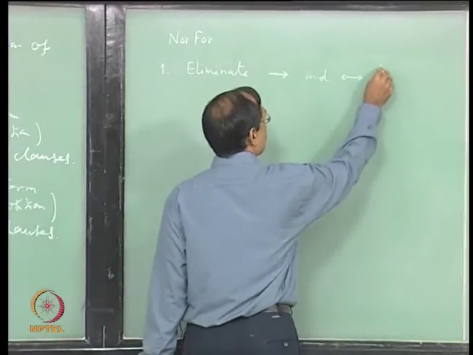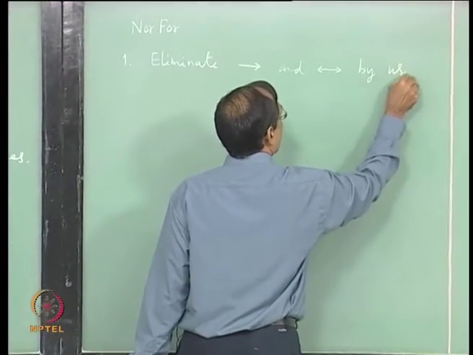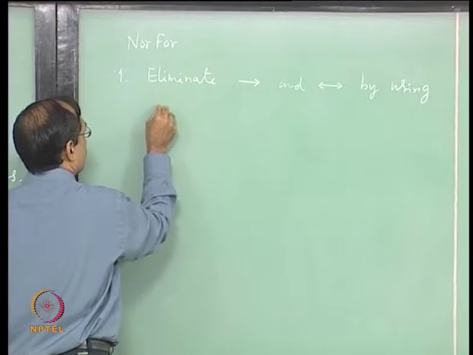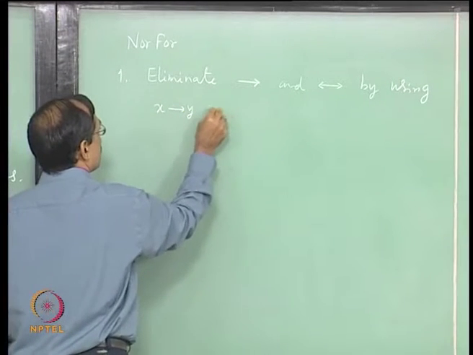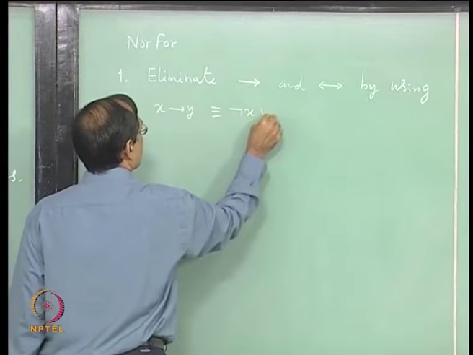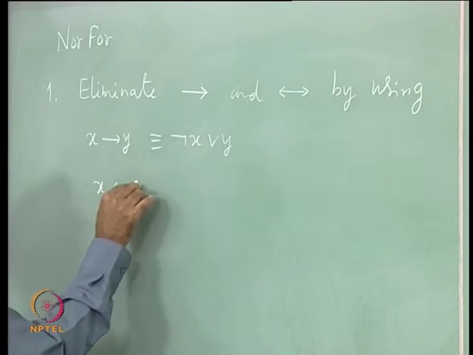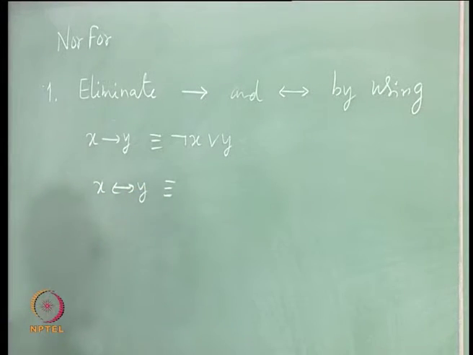So, which laws you may be using? By using say x implies y is equivalent to not x or y, okay, and then x biconditional y is equivalent to the and of both the things you can take.